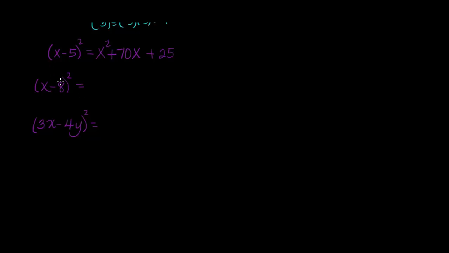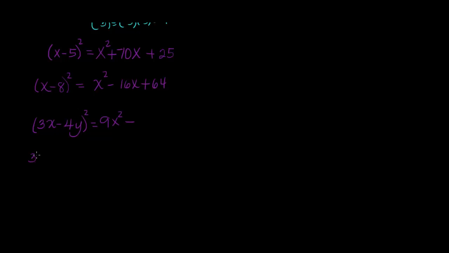Using the shortcut for this one, you get x squared minus 16x plus 64. And for this one, using the same shortcut, the first term squared, that means 3 squared, which is 9, x squared, which is x squared. The middle term is always a minus, but it comes from multiplying 3x times 4y times 2.